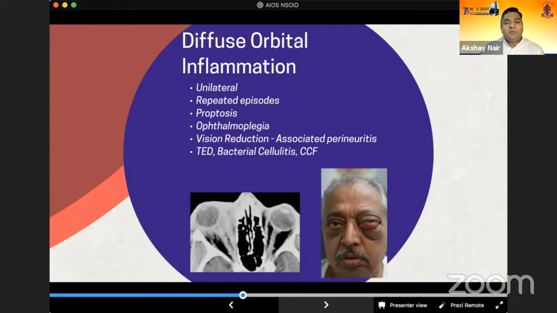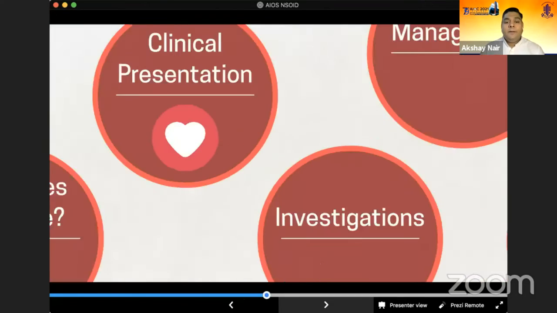There is severe proptosis, ophthalmoplegia. If there is associated perineuritis, there is a significant visual reduction. And here again, your differentials can be thyroid eye disease, bacterial cellulitis, and because there is so much congestive inflammation seen, a CCF can also be suspected, and you need to rule these three things out as well.